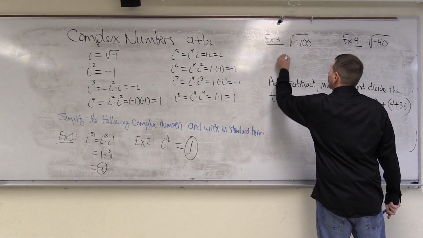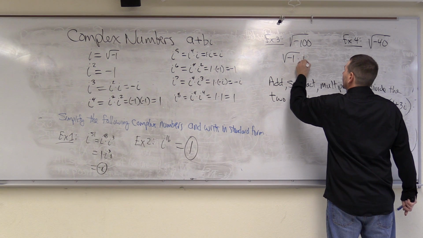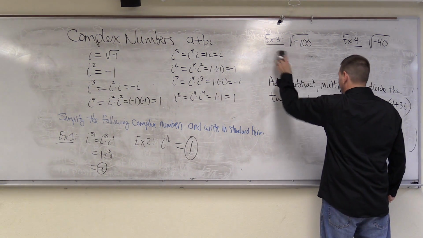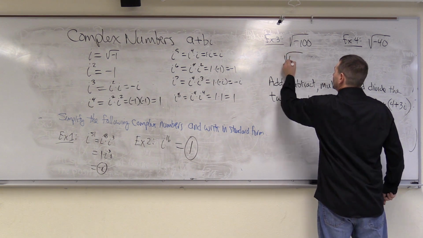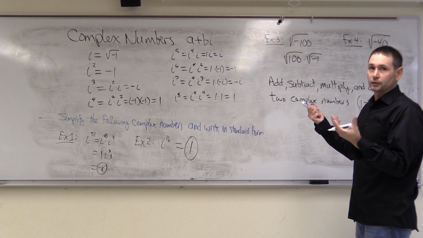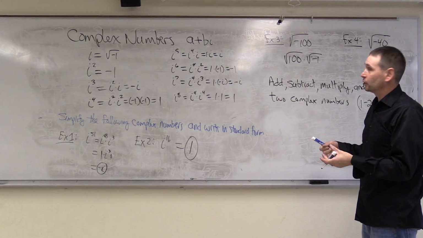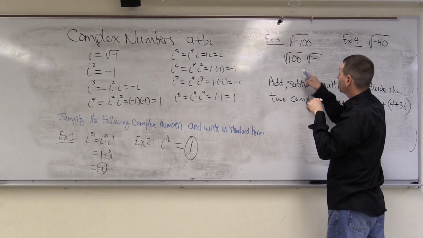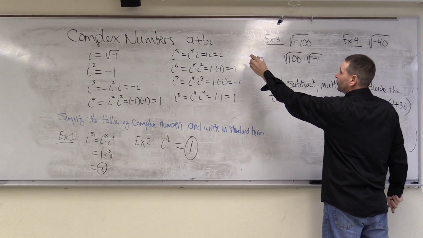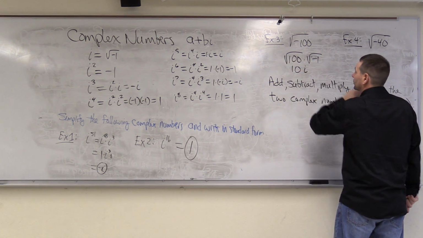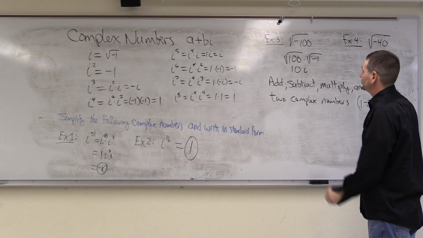Really what's happening here is the square root of 100 times the square root of -1, and I'll write it this way to keep it in standard form. You can separate those into 2 different radicals if you wanted to, but you wouldn't have to show that. You can even write the i in front, but don't write it underneath the root symbol. The standard form really says put it in back. The square root of 100 is 10, and the square root of -1 is i. So this would just be 10i.